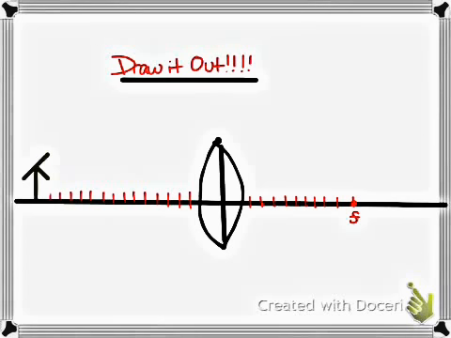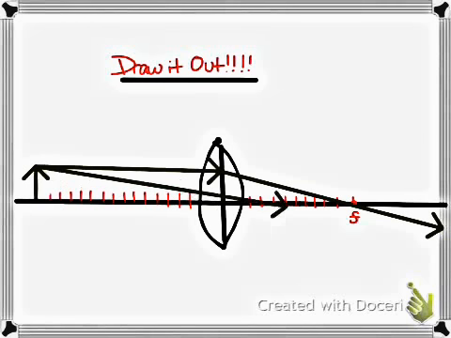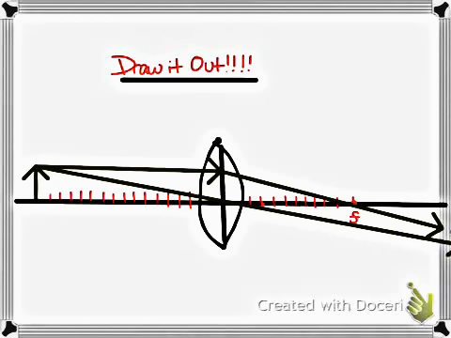Now I can continue on my ray diagram. The rules say parallel to your principal axis toward your lens. That lens converges it to go through your focal point. The second ray goes through your principal axis. If this screen was bigger, we would be able to see the image. Since these rays don't touch yet, we know it's going to be 30 centimeters.